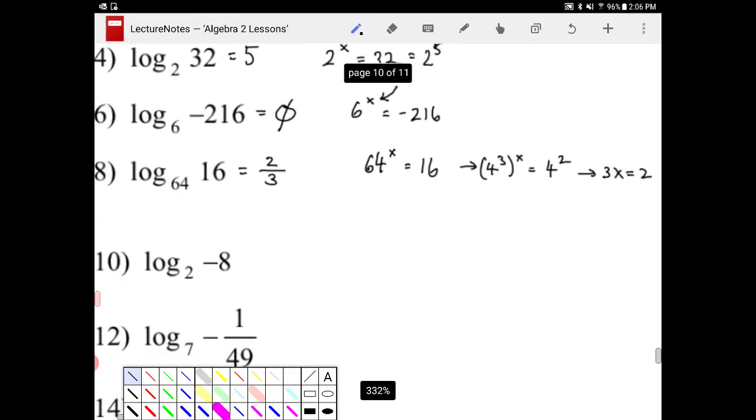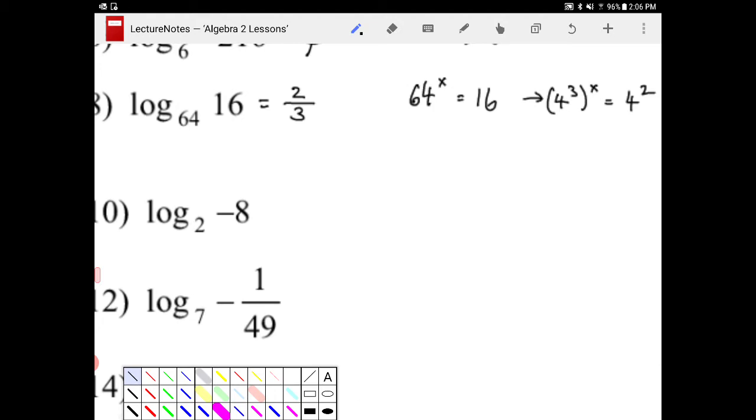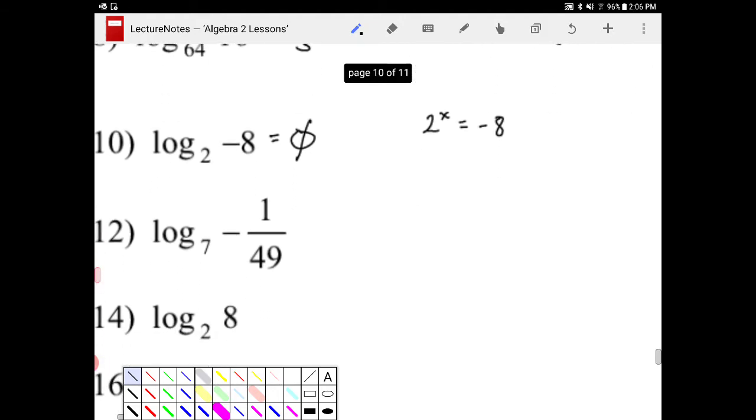All right. Log base 2 of negative 8 is the same thing as 2 to the x is equal to negative 8. Again, based on what I said earlier, there's no such thing, right? Any exponential function where we take a positive number and raise it by some number will never ever be negative. And because of this, there's no solution here once again. I hope you're beginning to recognize this now.